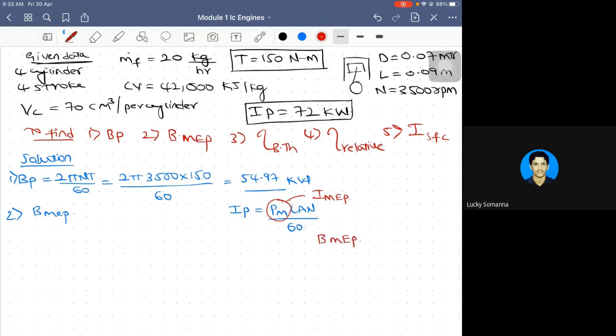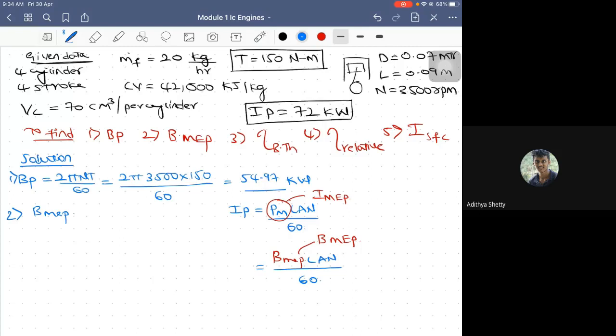So I want brake mean effective pressure now, which is something like this. P_m, brake mean effective pressure. What I have to do? Replace P_m by. Okay, I have replaced. Everything else remains same. It is divided by 60.